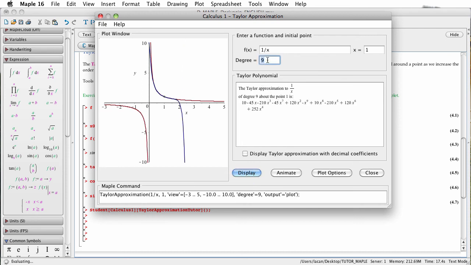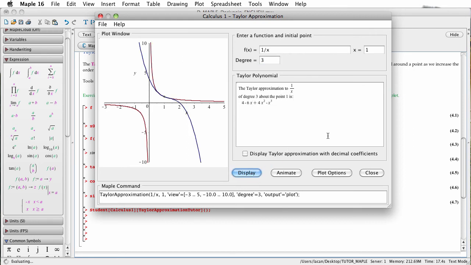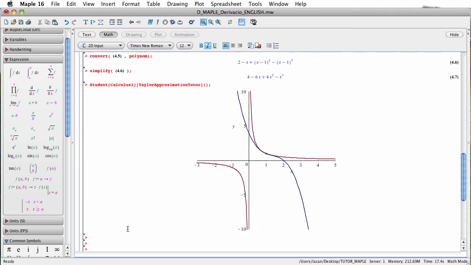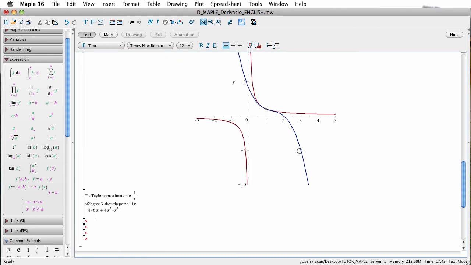So you can increase this as much as you can, don't go that far. Okay, so as you can see, around the point you get functions which are really, really close. Okay, now what you can do is you do the third order polynomial, you copy this, Control C before closing, and then Control T, and you can paste it.